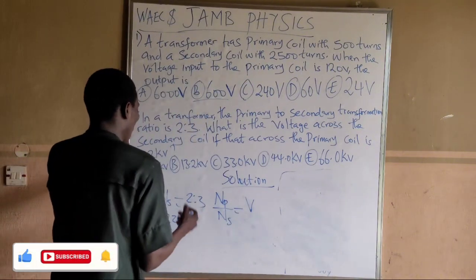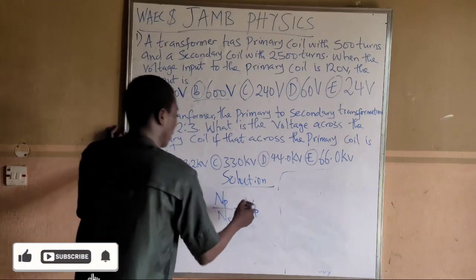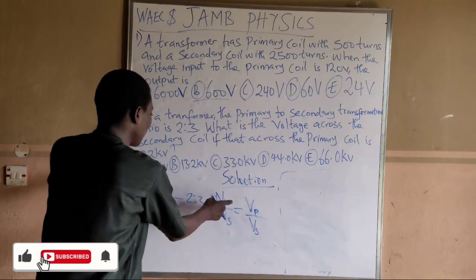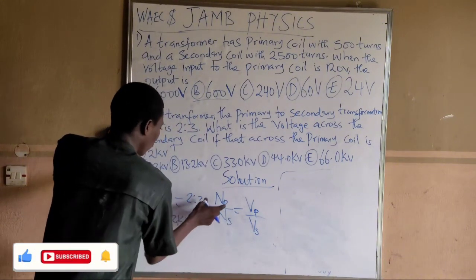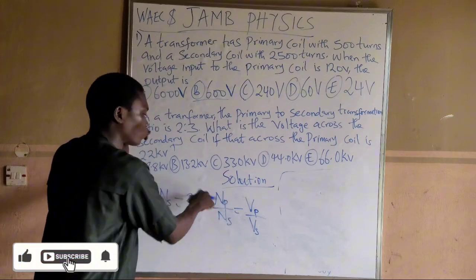So now, VP to VS. We're given the number of turns at primary to secondary to be 2:3. That is 2/3.